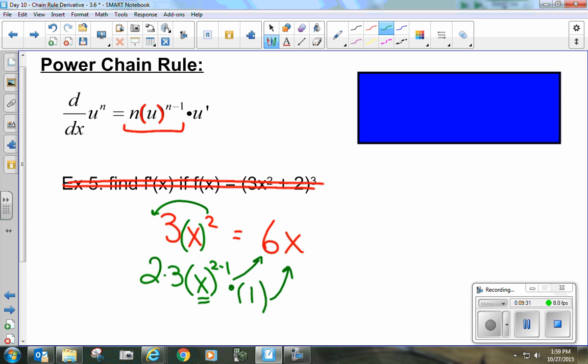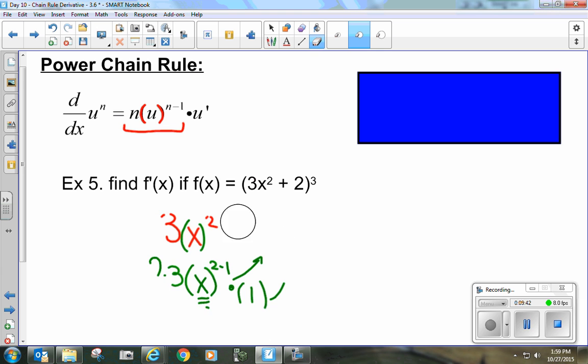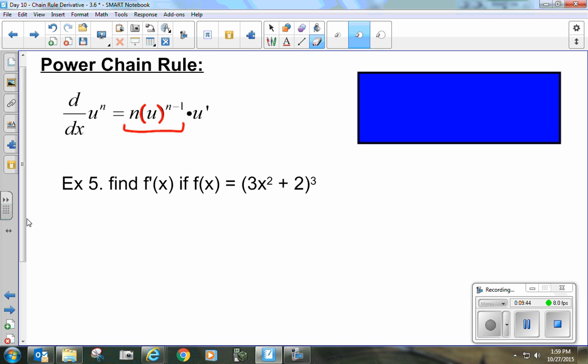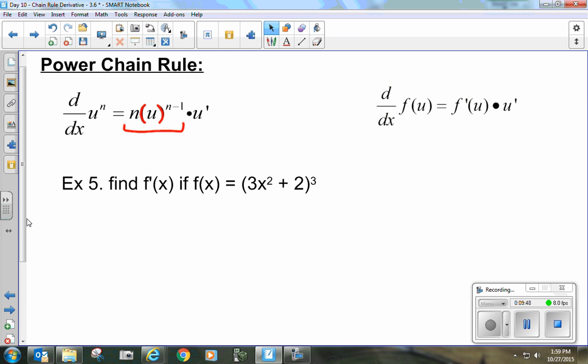So we're going to do the same thing, but now it's not just an x in here anymore. Now, my friends, there might be something like 3x squared plus 2 all cubed. Okay? So, let's go over that. And what was that over here? That's the f u function.